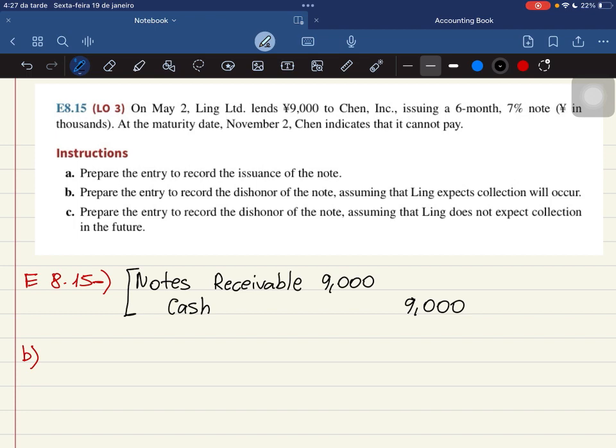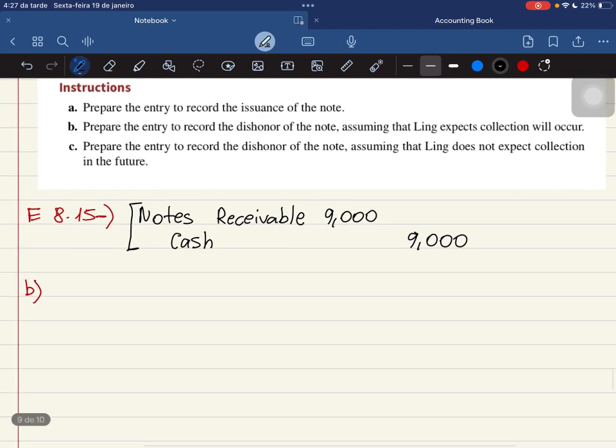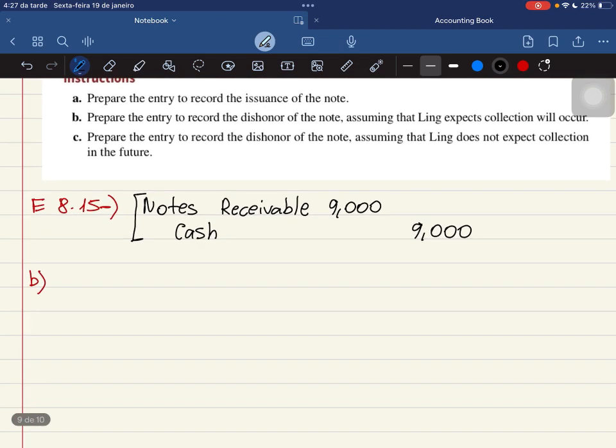B. Prepare the entry to record the dishonor of the note, assuming that Ling expects collection in the future. Well, if you expect that collection is going to occur in the future, that means that you think that your customer is going to owe you this money, right? So you're going to transfer this amount to what? Accounts receivable, right? Because you believe that you have this money to be received from your customer.